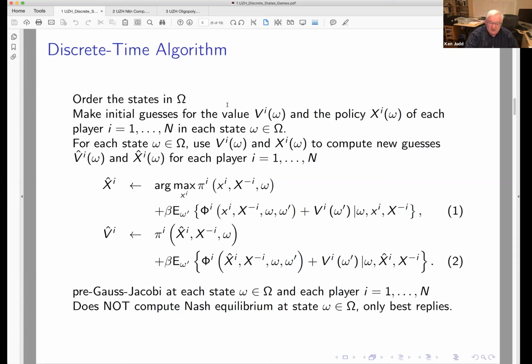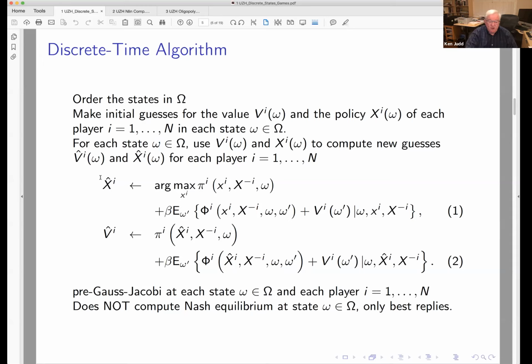Now, you make some initial guess for the policies of each player in each state. Now what we're going to do is update the value function and the policy. So we're at some particular omega, and we're at some particular player i.